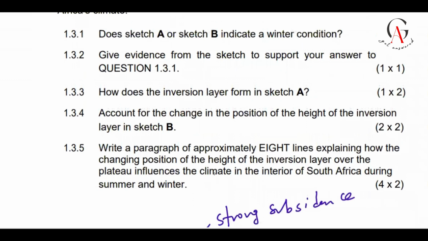Then number 2. Give evidence from the sketch to support your answer. That is 1.3.2. So we said this one is supposed to be A. Give evidence from the sketch, and we say inversion layer below the escarpment.